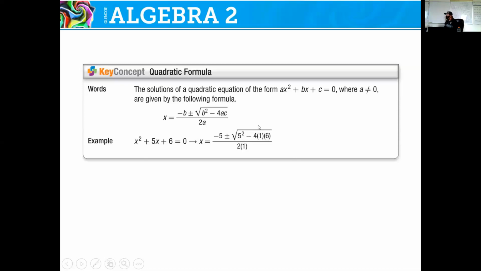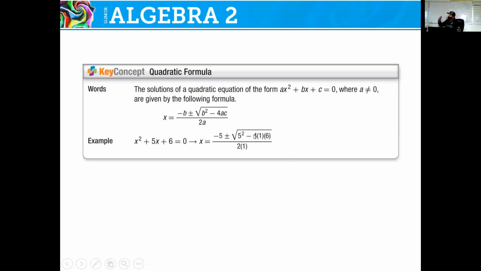So order of operations has to play a factor in this. Understand that we need to do all the exponents first, then the multiplication, then we can subtract. You wouldn't want to take 25 minus 4, times 1 times 6. That's going to give you a way different answer.